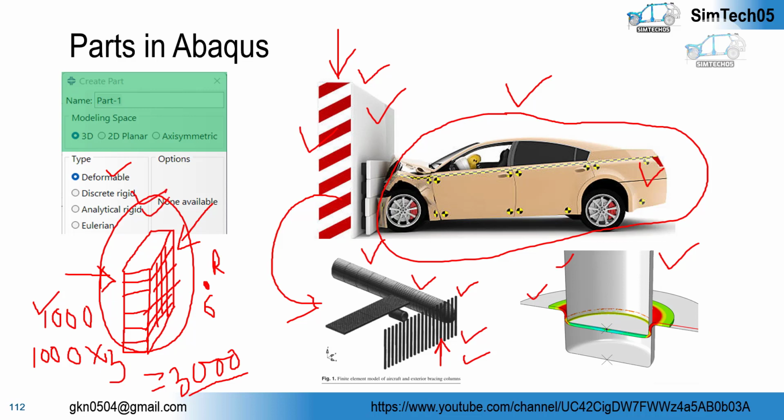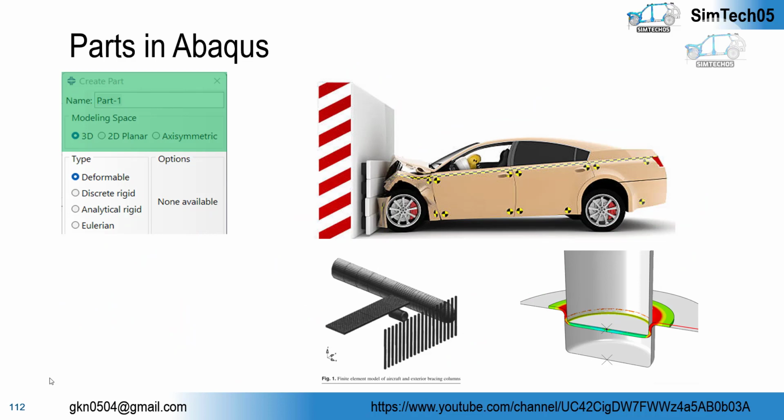And lastly, we have the Eulerian part. Of course, in the rigid part, we have two types: discrete rigid and analytical rigid. By name itself, it is very clear. Let me erase everything. Analytical rigid means that it is already calculated.